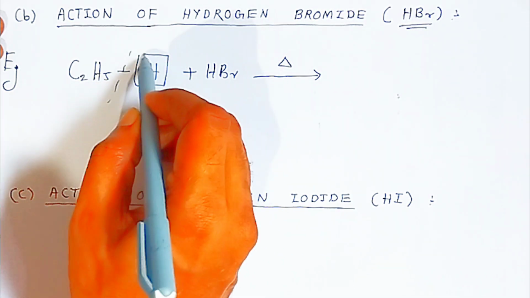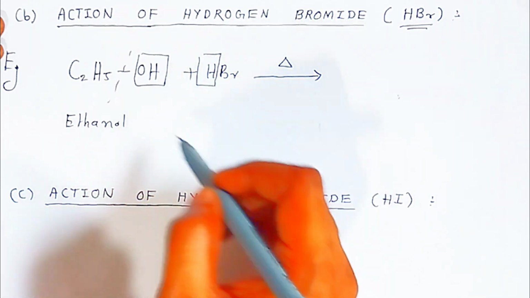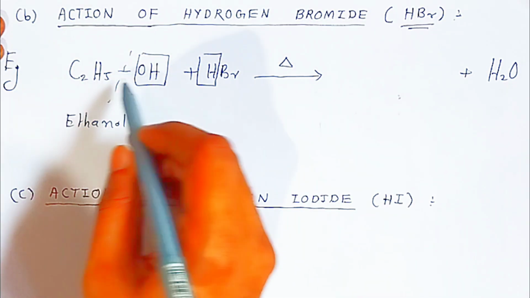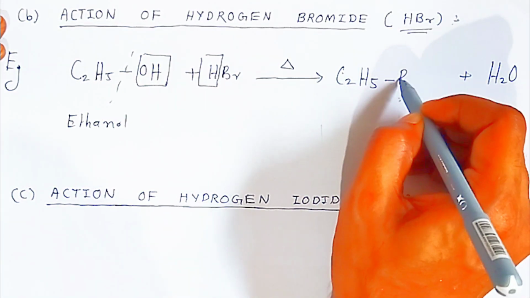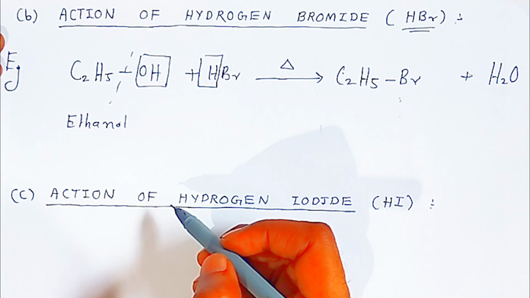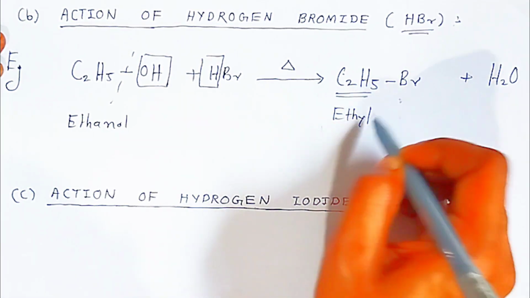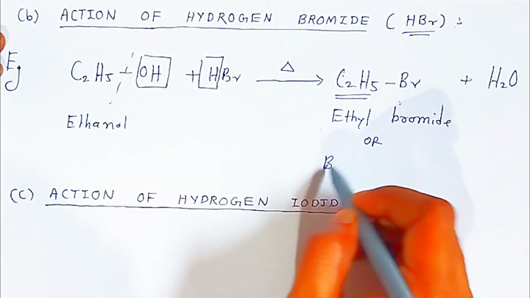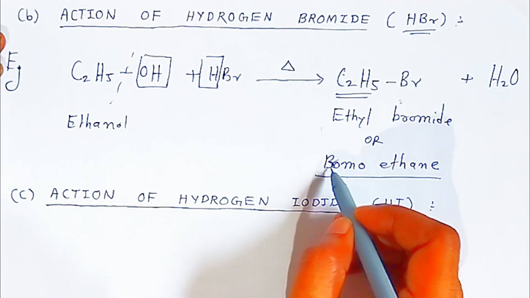The OH of this ethanol reacts with the hydrogen of HBr and forms a water molecule. Now it will form C2H5Br. There is a formation of bromoethane, or you can say ethyl bromide. In common name we call it ethyl bromide, and in IUPAC this is called bromoethane.